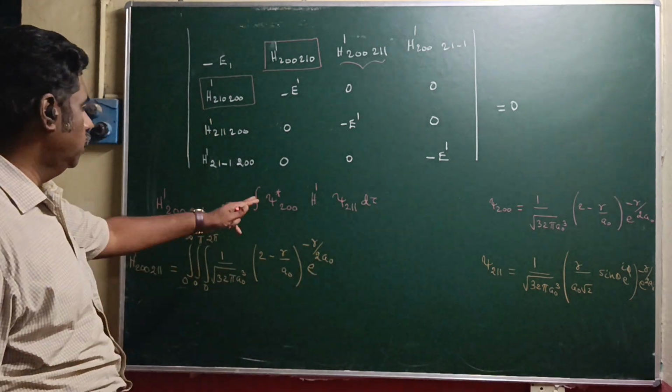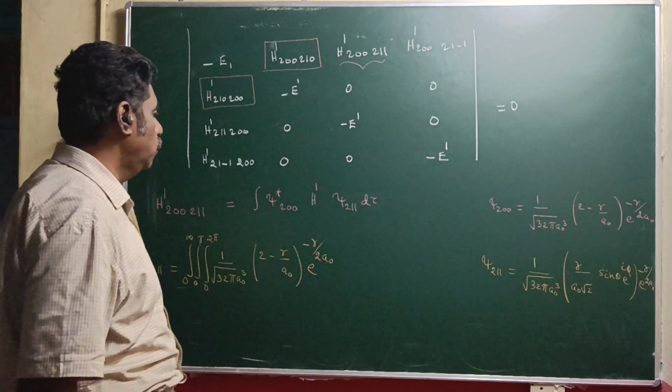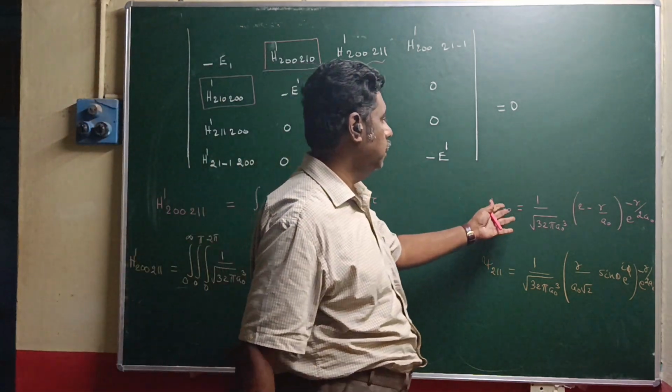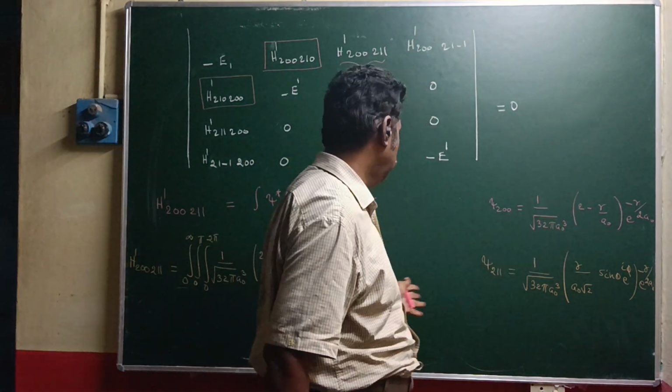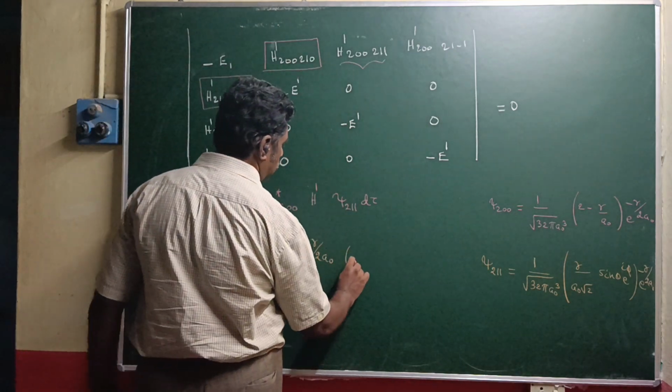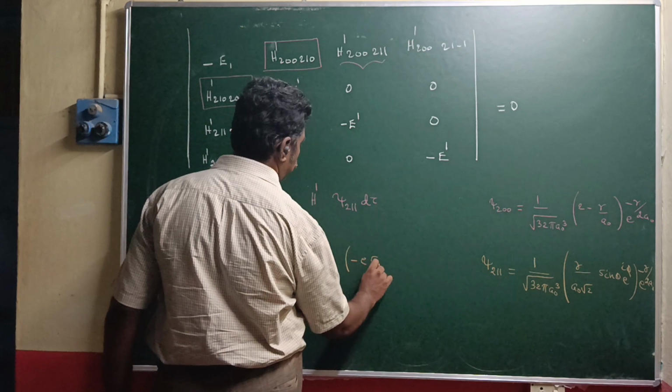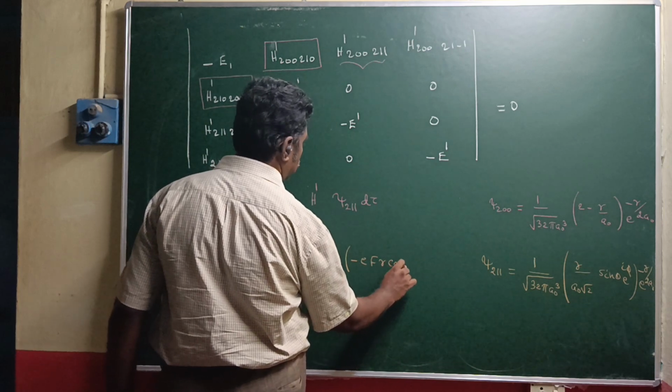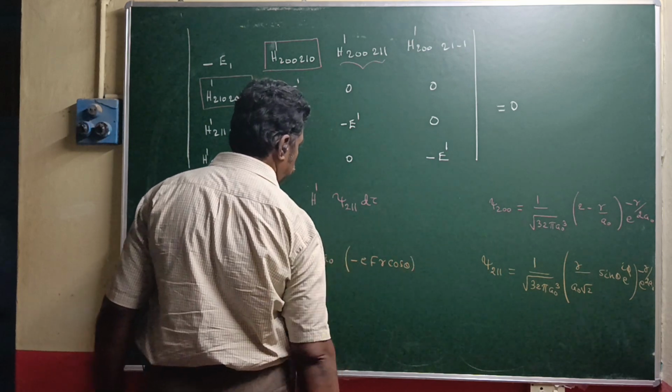This is the value of psi star of 200. If you take the complex conjugate of psi 200, we get the same value. Then H1 is minus E F r cos theta. This is the value of H1.